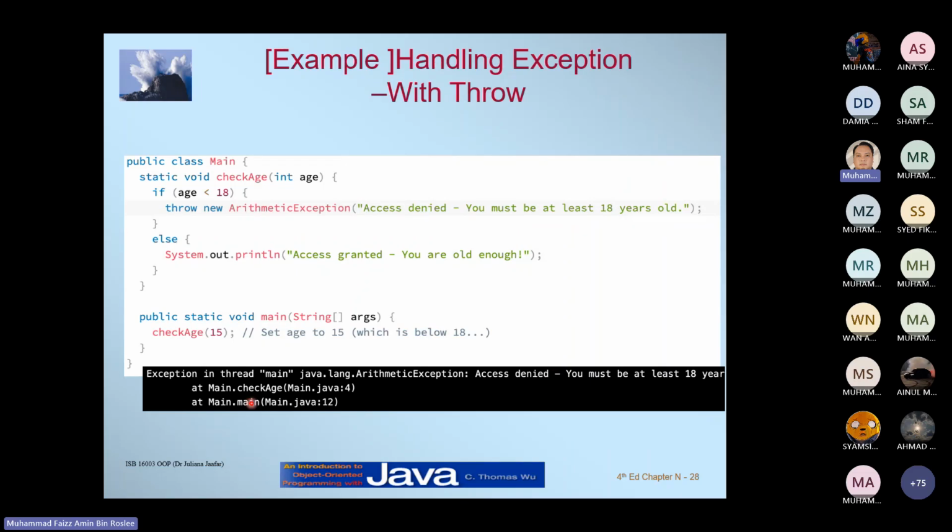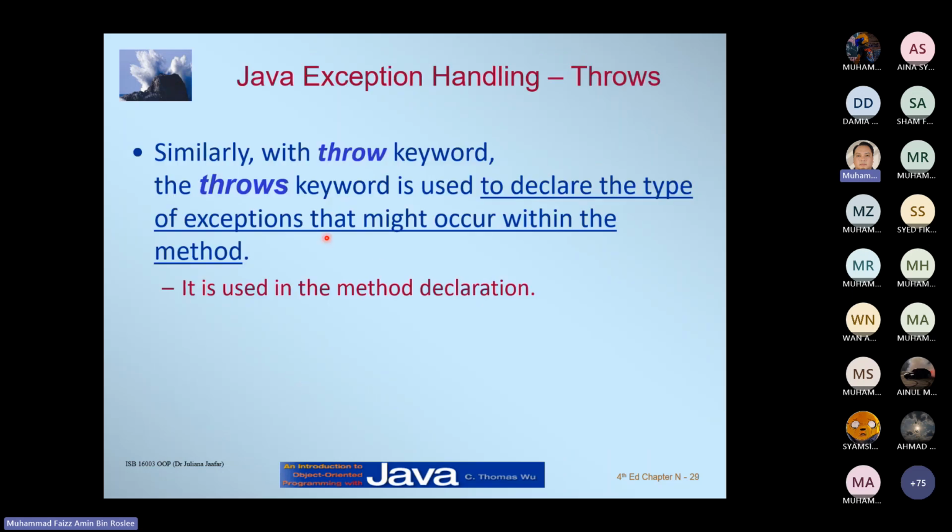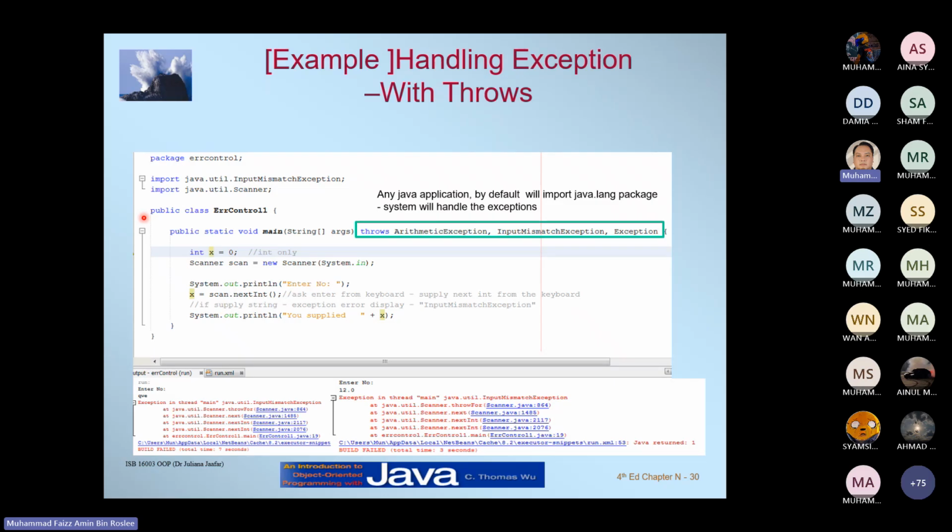Okay, so this is the exception error message that throw will show. Similarly with the throw keyword, throws is used to declare the type of exception that might occur within the method. It is used in the method declaration. For example, over here you have the main method with a string, but you want to use an exception in here.